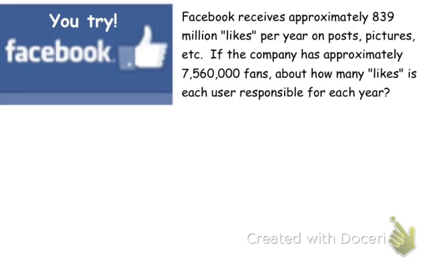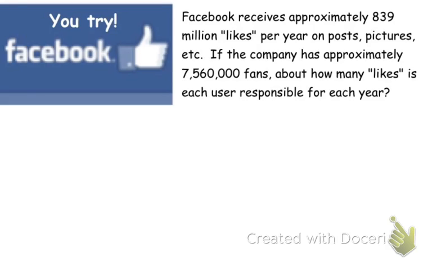Try this example on your own before we go over it together. Facebook receives approximately 839 million likes per year on posts, pictures, etc. If a company has approximately 7,560,000 fans, about how many likes is each user responsible for each year?